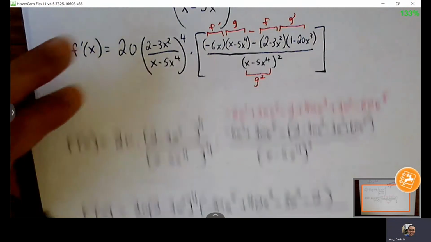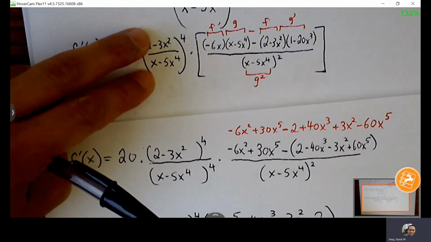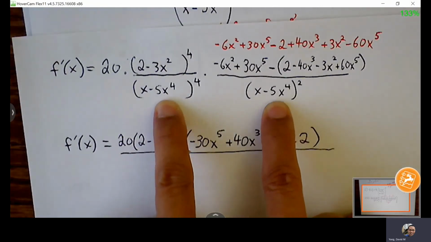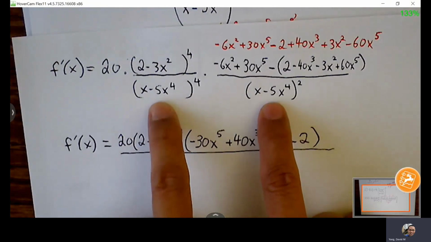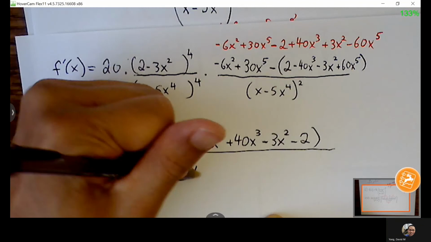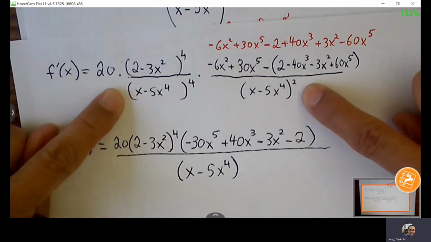Okay, you see, the nice thing about separating the parentheses, numerator and denominator, numerator to the fourth, denominator to the fourth, is it's easier to see what's happening here, right? How many x minus 5x to the fourth are we going to have in the denominator? Because I can merge these, right?